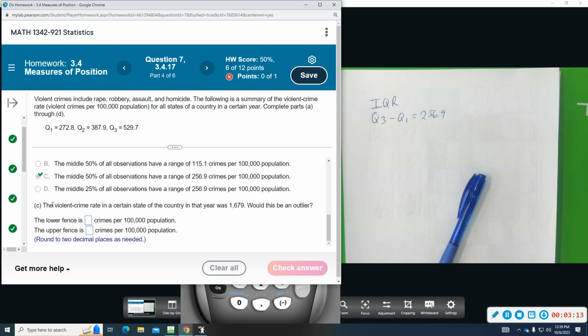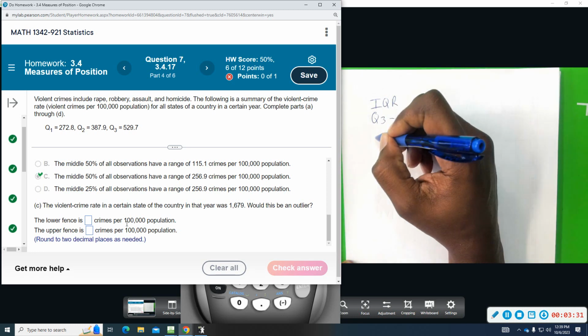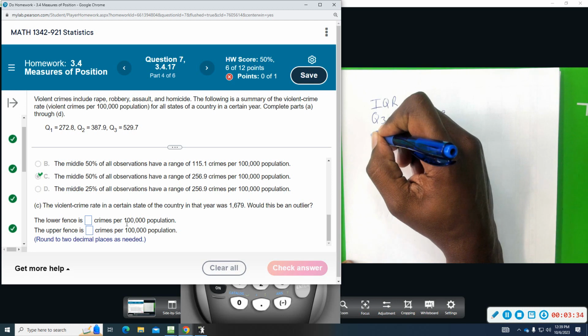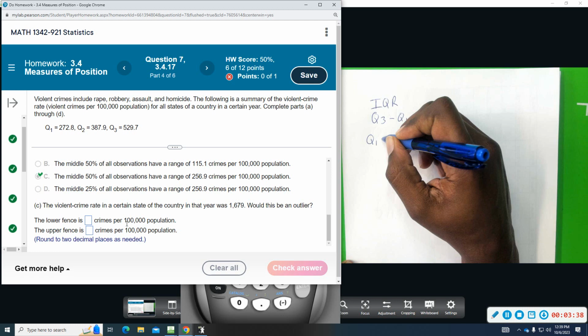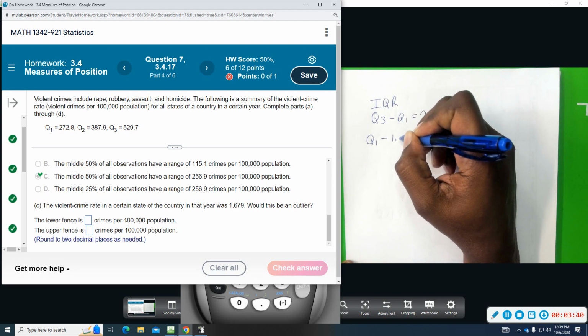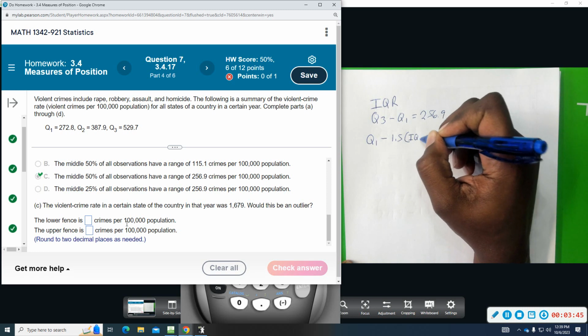Part C, violent crime rate in a certain state that year was 1,679, with this being an outlier. So we have 2 boxes, one at the lower fence, the upper fence. So in order to find those fences from the text, we compute the lower fence from Q1 and we subtract 1.5 times the interquartile range, IQR.